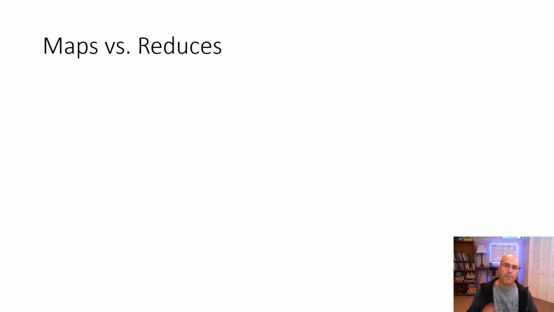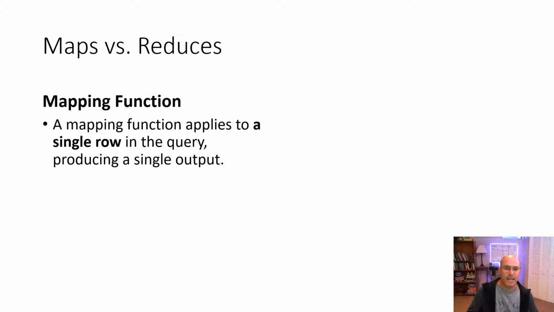First, let's talk about maps and reduces. A mapping function is any operation that applies, in SQL, what we're talking about, or in tabular data. A mapping function applies to a row, a tuple, in the query, and then what it produces back is a tuple or not.